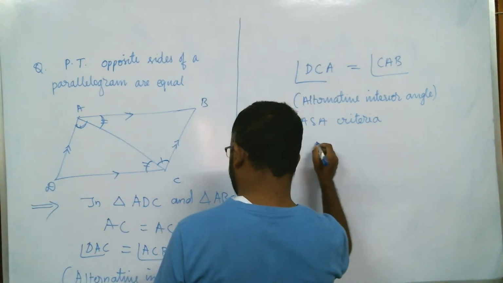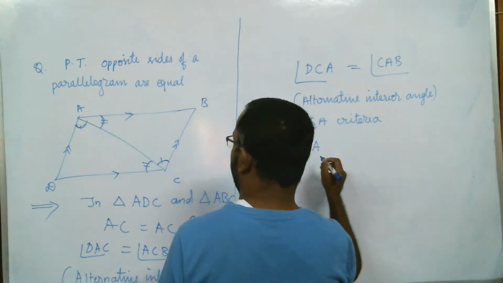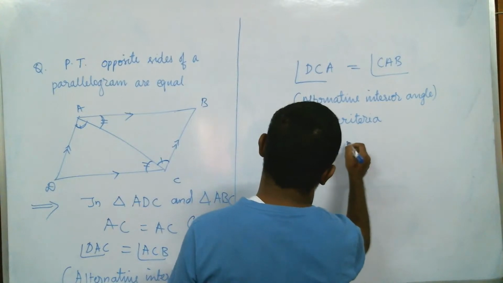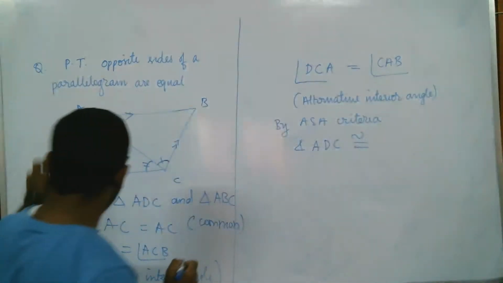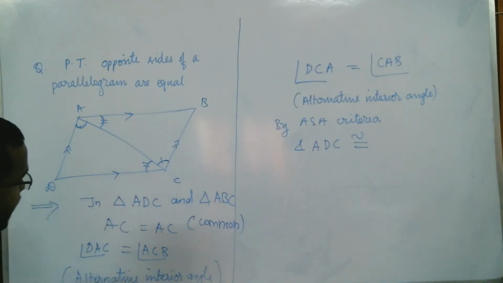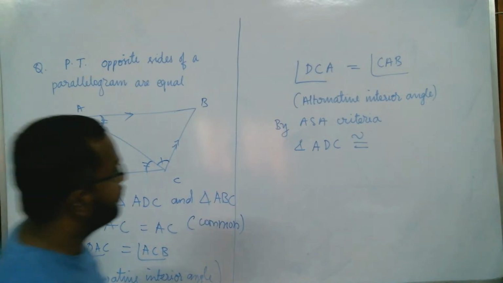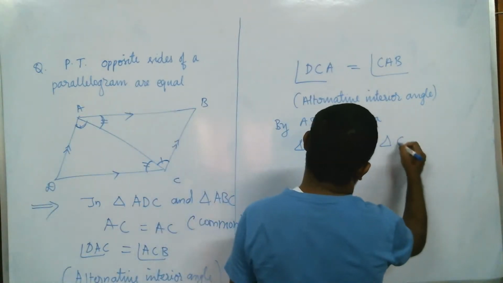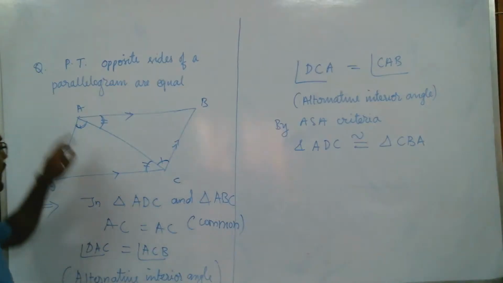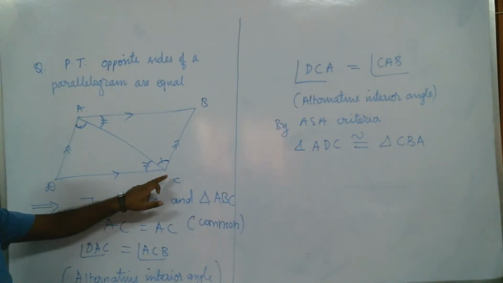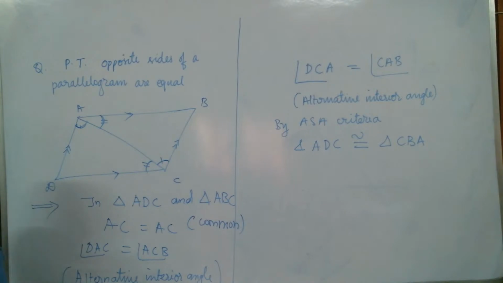Triangle ADC is congruent to triangle CBA.